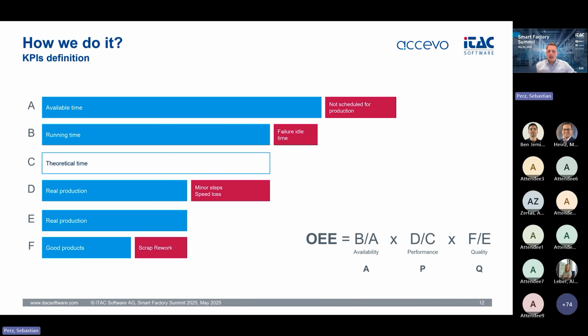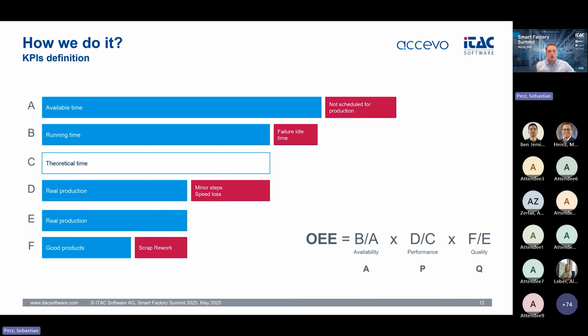KPI definition and how we calculate the OEE. Our system can standardize OEE calculation, which helps compare data for different factories in the same company, because different factories can calculate OEE in different ways. We can standardize the process to calculate OEE in every location. In this case, the customer can very easily compare the data from different locations and increase his OEE.